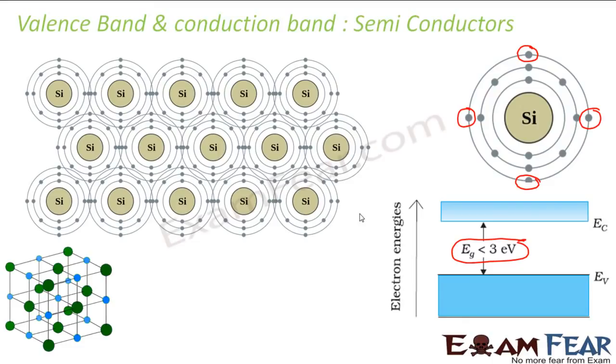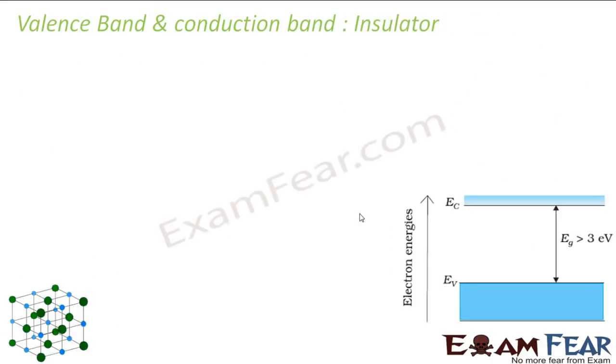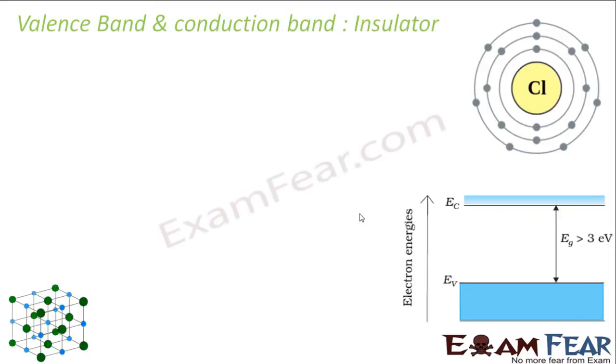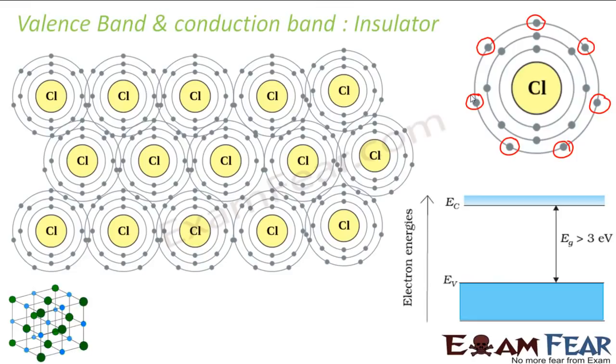Whereas on the other hand, if you look at a chlorine atom, how many electrons does it have in the outermost shell? It has 1, 2, 3, 4, 5, 6, 7 electrons in the outermost shell. So it is even more difficult in case of a chlorine atom to bring out these electrons from the outermost shell, because a huge amount of energy is required to bring them out of it.